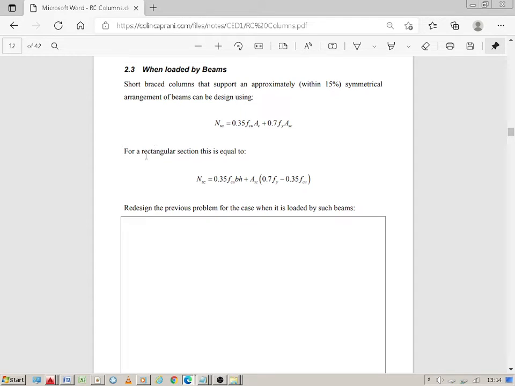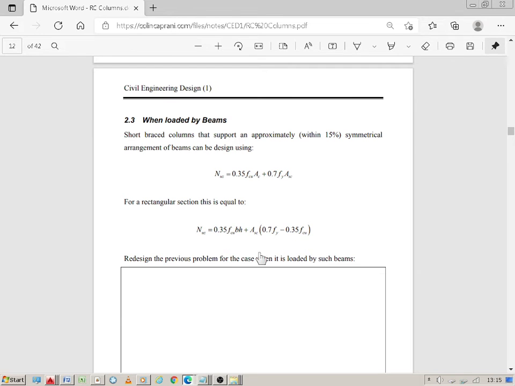For a rectangular section, this is equal to NUZ equals 0.35 FCU BH plus ASC times (0.7 FY minus 0.35 FCU). So then it says redesign the previous problem for the case when it's loaded by such beams.